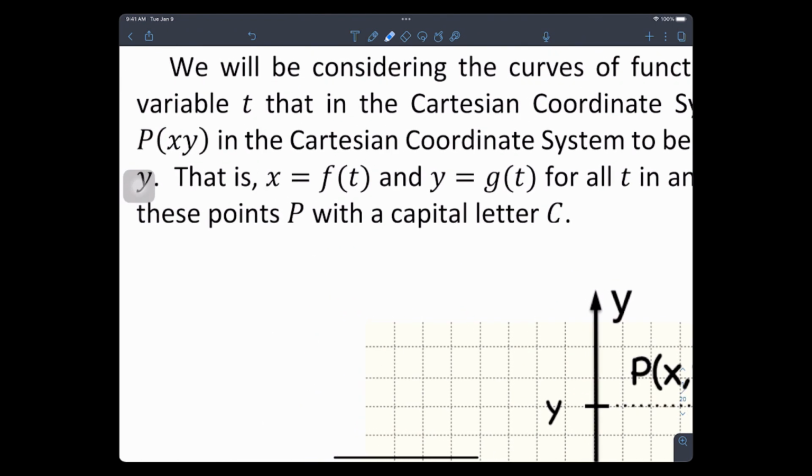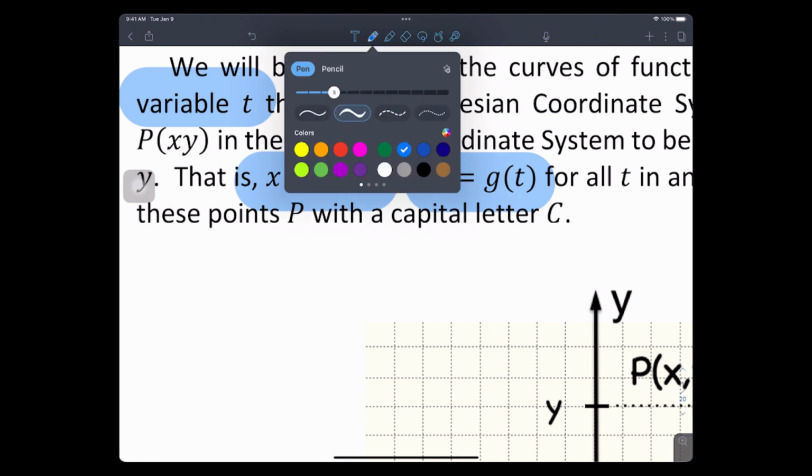We let the x coordinate be a function of a variable t. And we also let the y coordinate be another function of our variable t. So we introduce another variable, is what I'm saying. That's called the parameter. And a lot of times that t variable represents time. So we can start to really kick things up a little bit. And this is supposed to be a comma. I already noticed a typo.